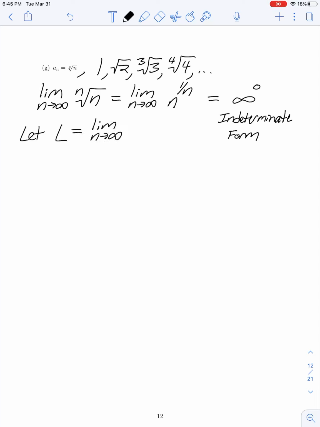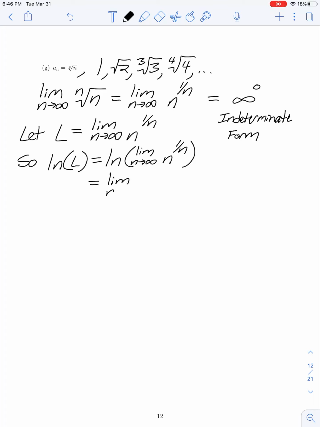So what I'm going to do here is let my limiting value for n to the 1 over n power as n approaches infinity equal some value L. If I take the natural log of L, I would have the natural log of the limit as n approaches infinity of n to the 1 over n power.